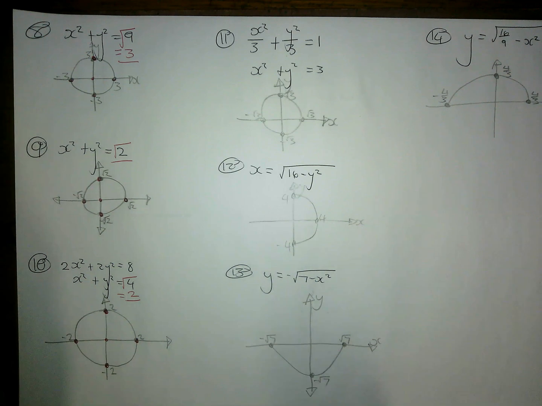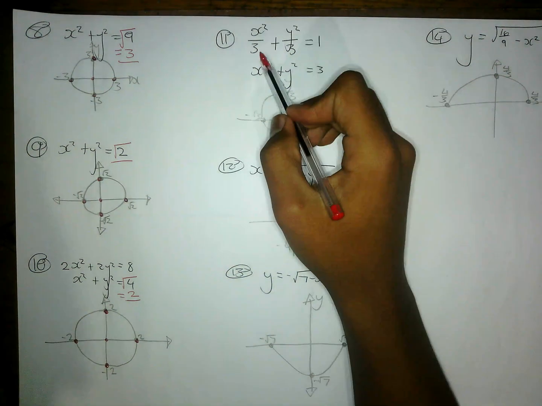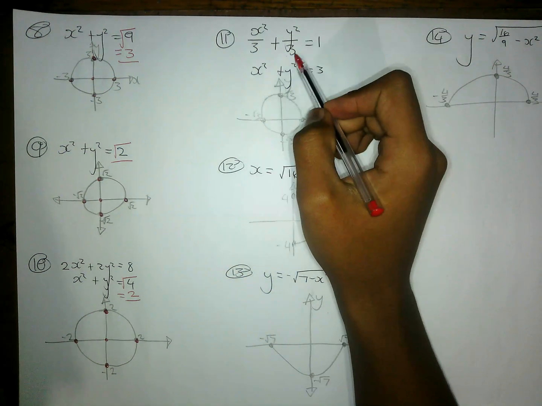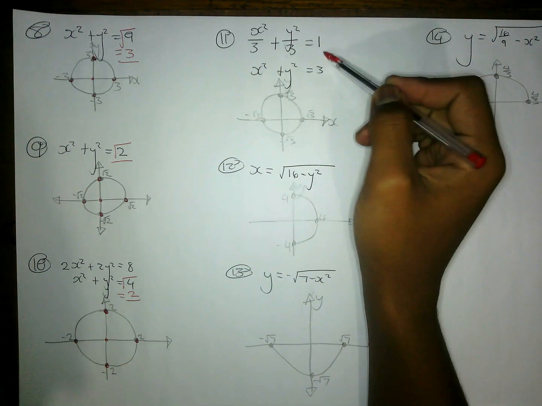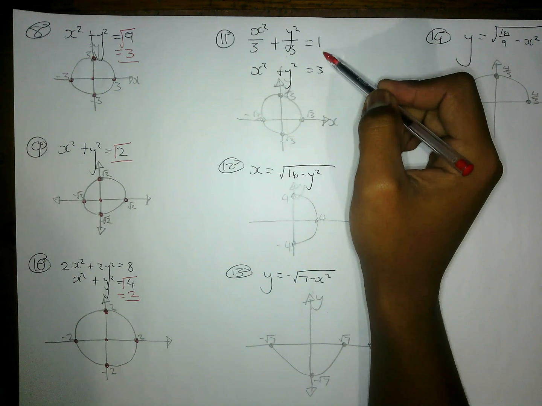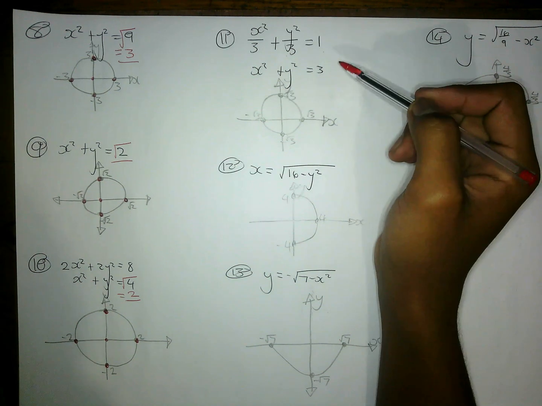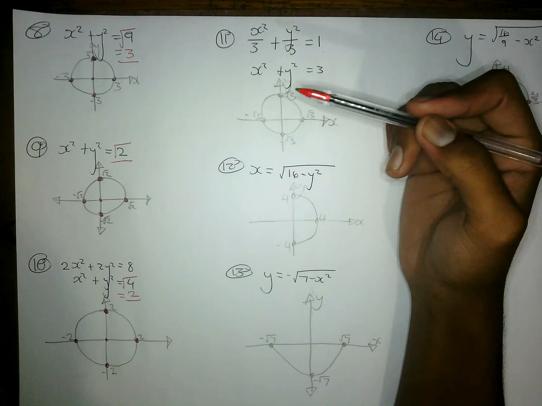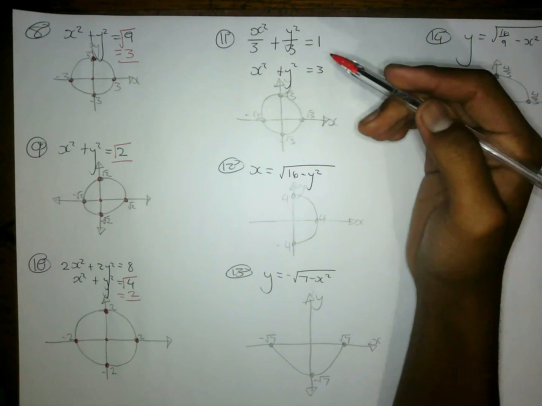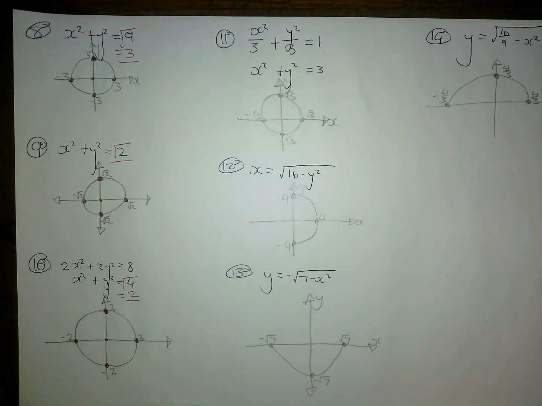Number 11, the very same thing: x squared over 3 plus y squared over 3 equals 1. They tend to confuse you here because you would think intercept form, but wrong. Intercept form is for a straight line.